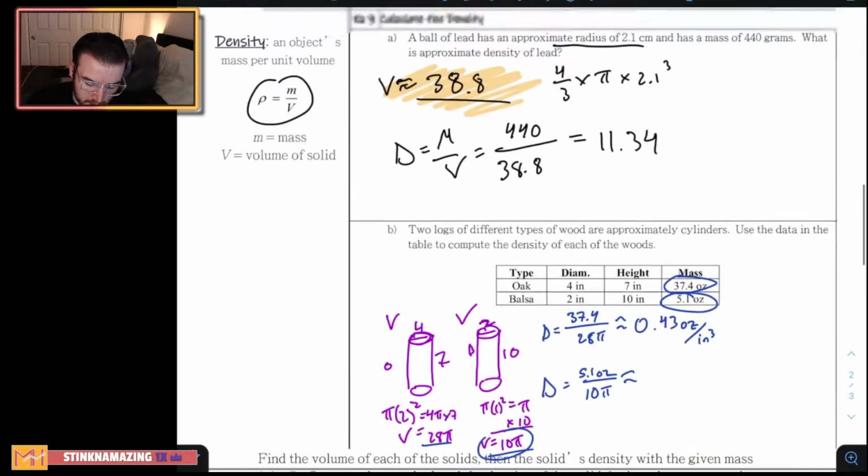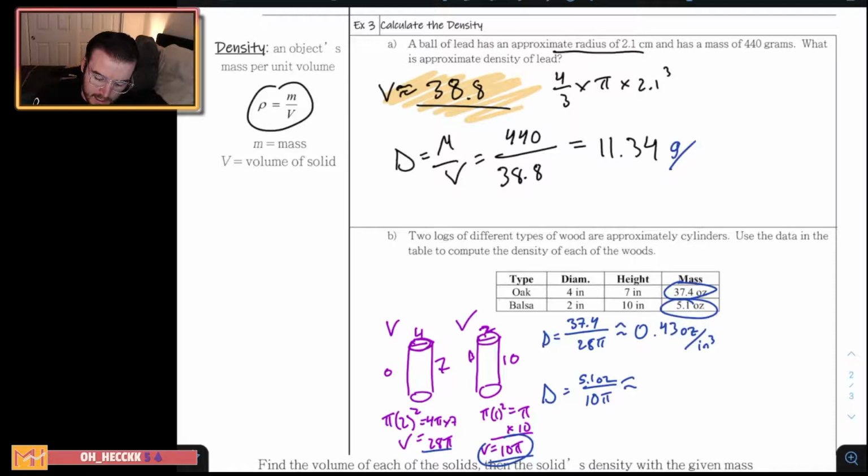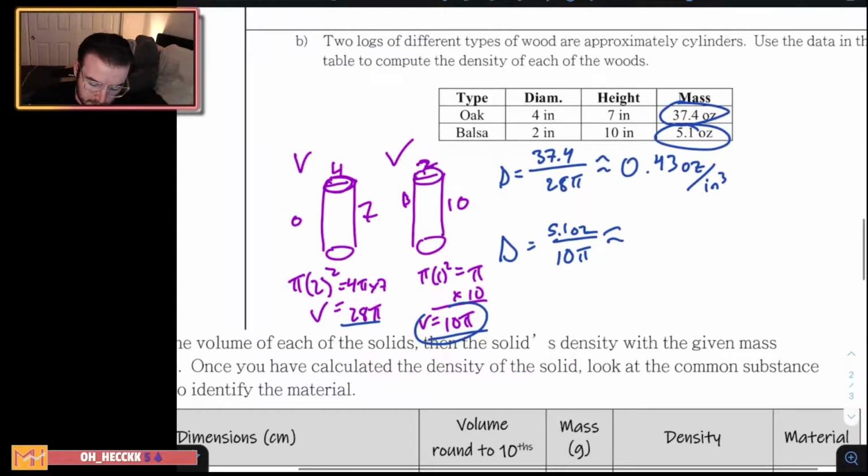I forgot to write my units on this one. This was ounces per inches cubed, because we have ounces on top and we have our inches on bottom, right? And the second one is 5.1 divided by 10 pi, and I get 0.16.